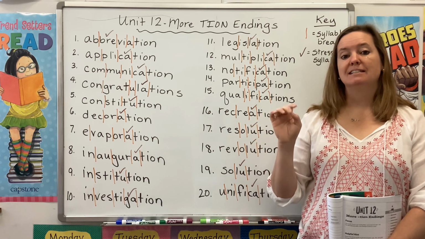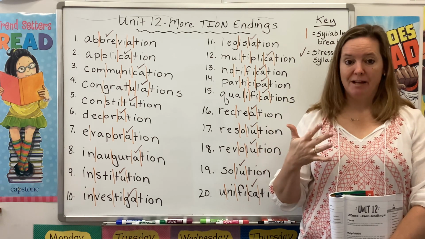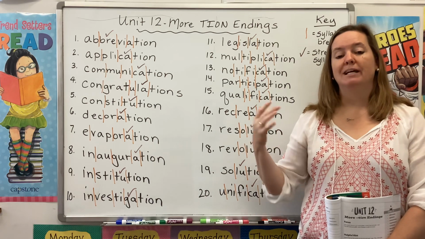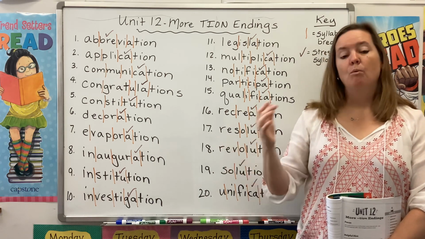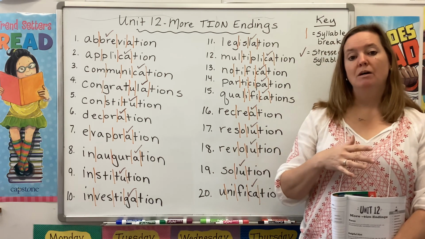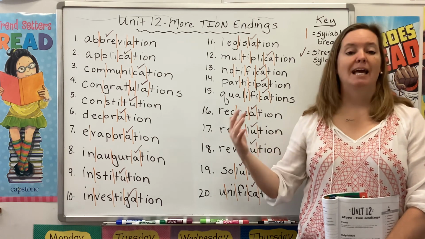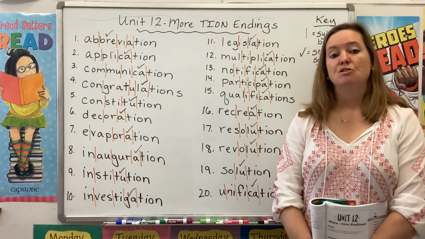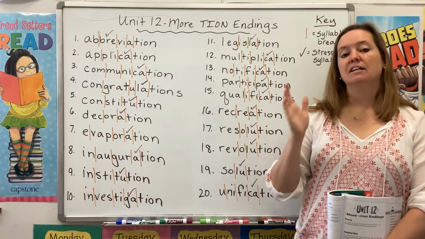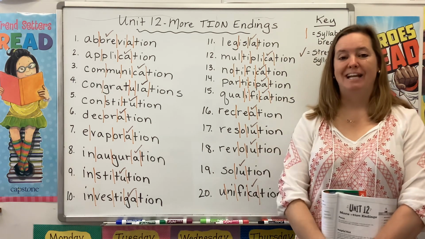So for instance, when something evaporates, it is undergoing evaporation. When you reserve a room or a table at a restaurant, you are making a reservation. So that ation ending changes a verb to a noun.